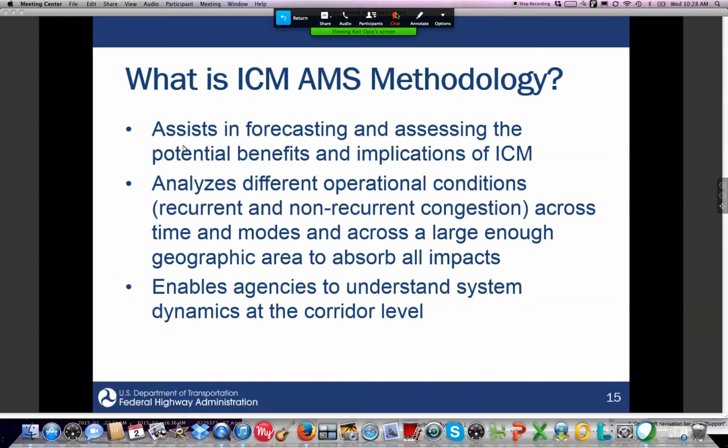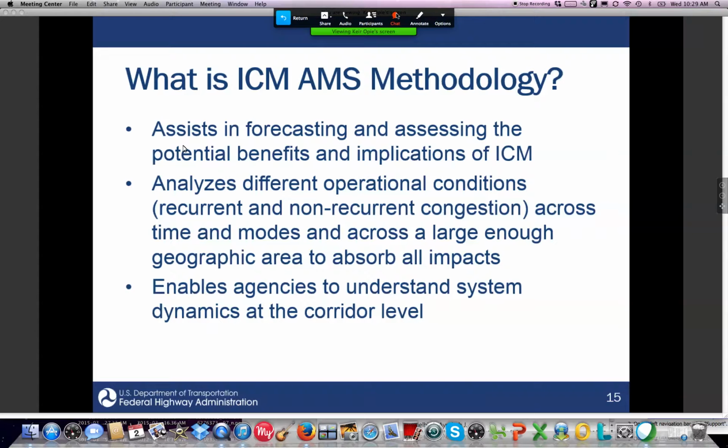Another important differential between an ICM strategy and a more traditional planning, modeling, or simulation analysis comes when we start to look at non-recurring congestion conditions. If we're looking at recurring congestion, in general, the public will have a good pattern as to how they use the system, and they won't necessarily deviate from that pattern unless something forces them to.